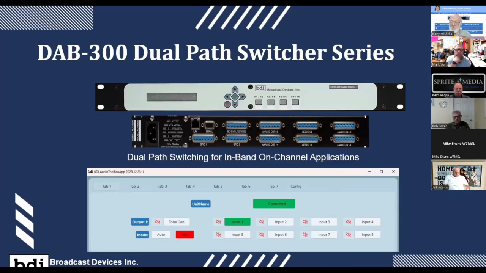So we developed this board that's a 4 composite input to 4 composite output DA, and then we also added a DSP in there so that you could take the composite and convert it into an AES-3 signal. So that was the most popular version of this one, but you could configure them for a pair of AES-3 cards or an AES-3 and an analog input if you wanted it.